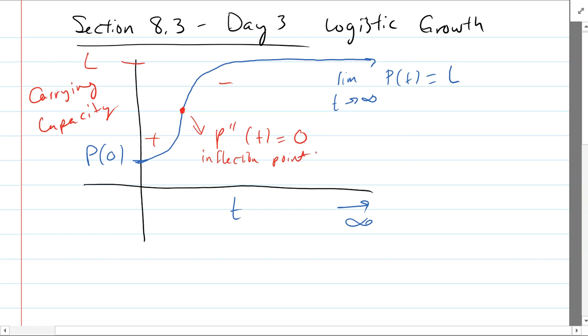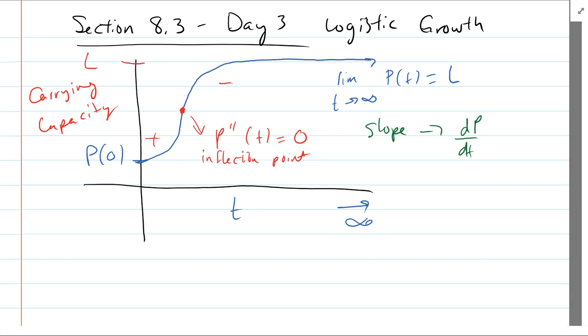And what does that inflection point mean for our population? Think about it: if P of t is how many wolves we have in Yellowstone, then the slope of this curve is dP/dt. So that's the rate. What does this inflection point tell you? The rate went from increasing to decreasing, right?